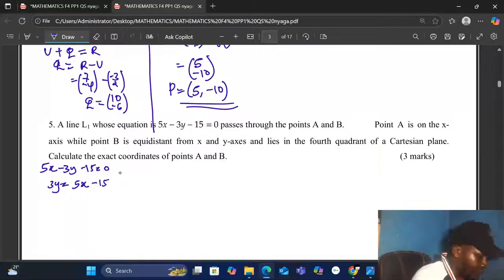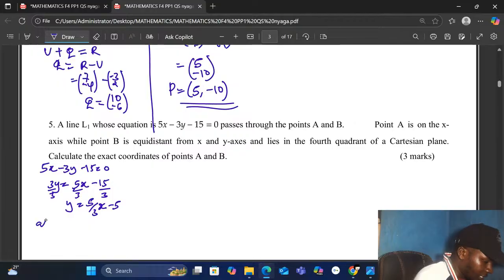That is in terms of y. So we divide both sides by 3. Now we have that y is equal to 5 over 3 x minus 5.